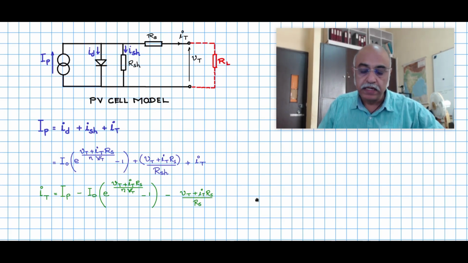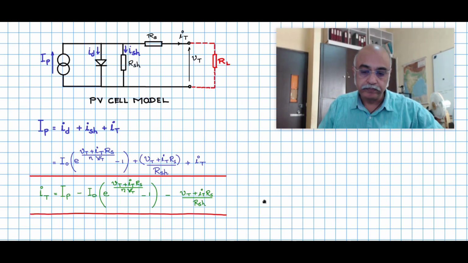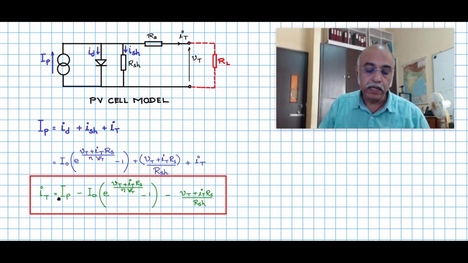This represents the shunt current. So this is the important equation. This is the model that gives you the terminal current in terms of all the other known parameters.